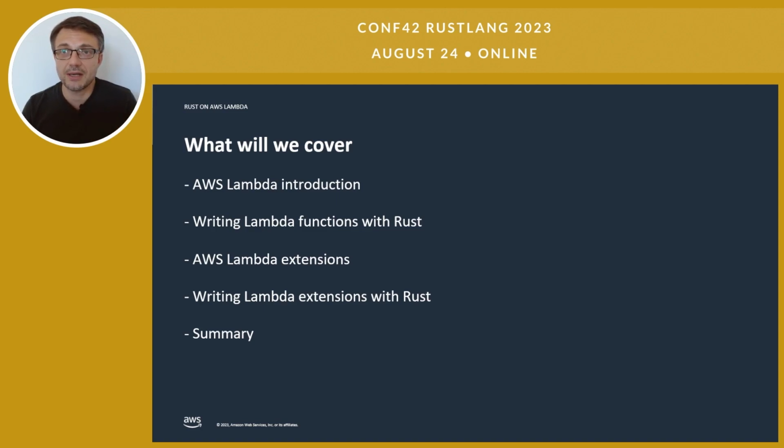Then we will be talking a little bit about lambda extensions. This is another way where you can apply Rust and it perfectly fits there as well. And we will look at how to write a lambda extension with Rust. And then we will cover and summarize all the things that we will be looking at today.